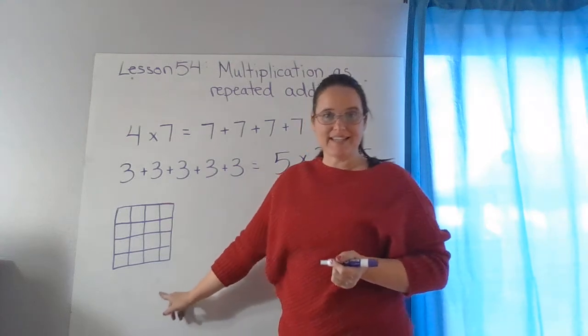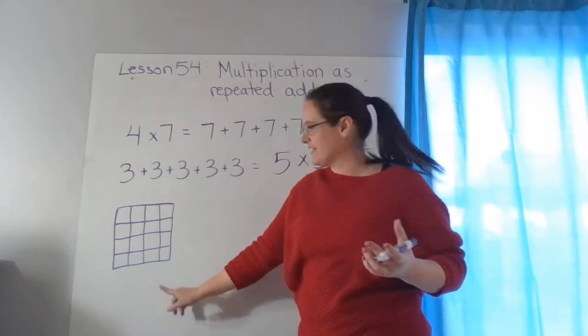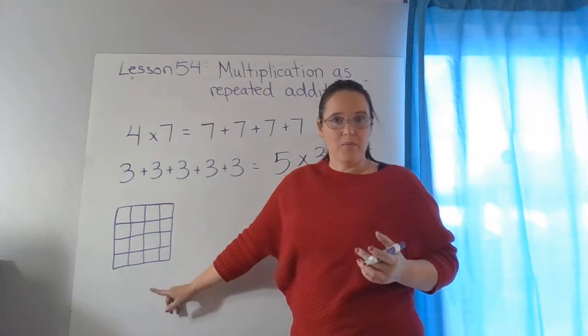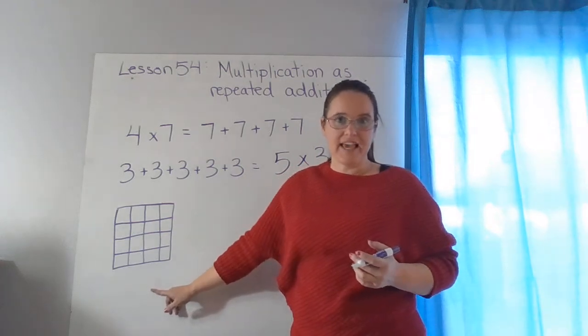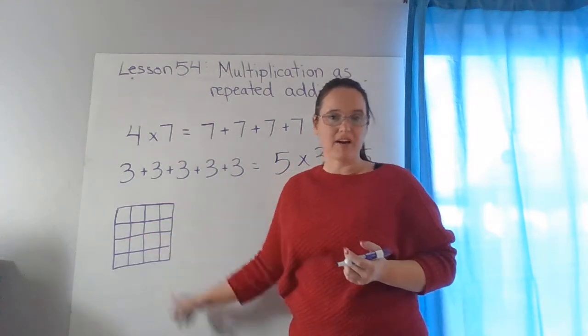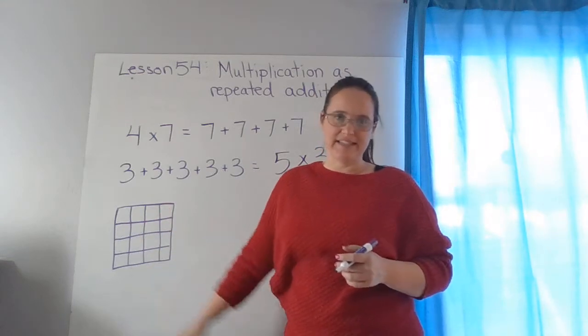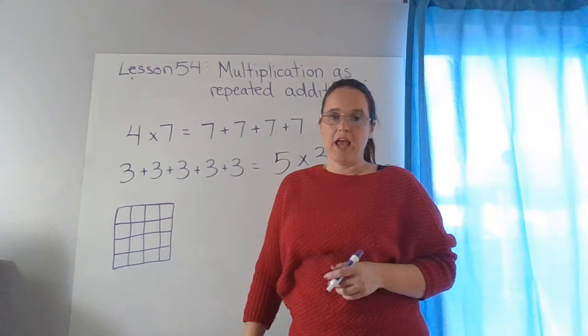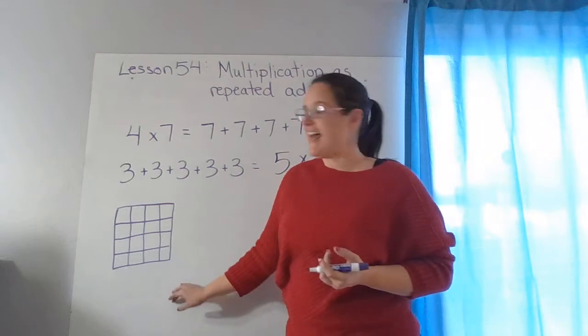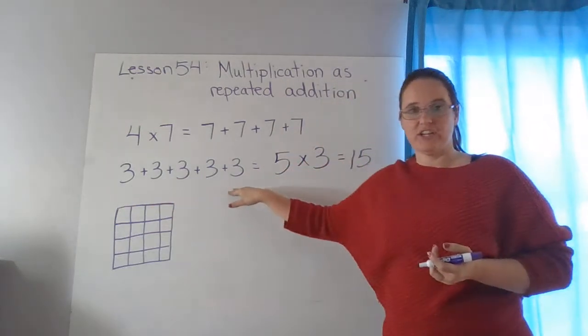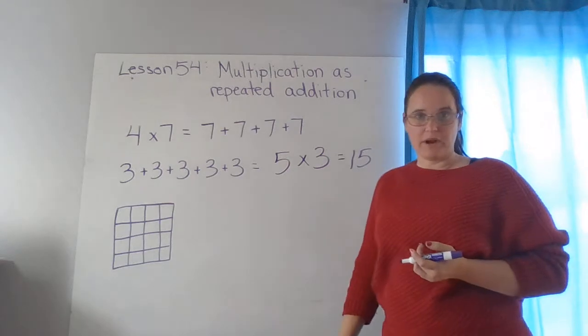Another type of problem you might see is this. We just did a lesson, I think it was 53 actually, where we were making rectangles and we were counting the boxes in there. And now we would count by the number that was in each row or in each column, but now we're going to start looking at that as repeated addition or multiplication problems.